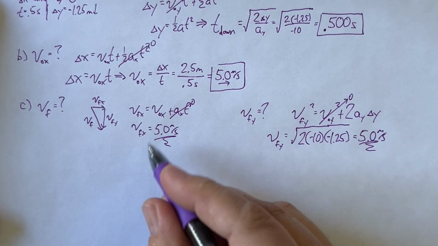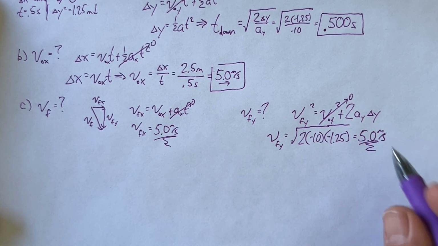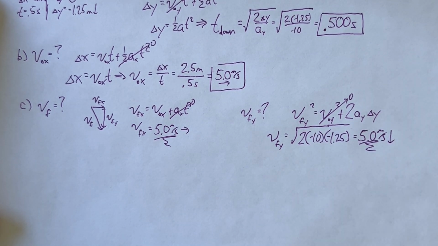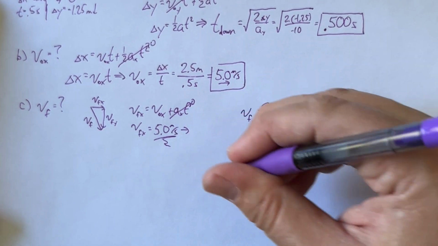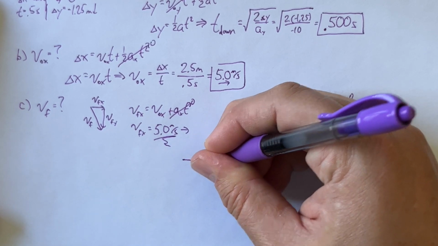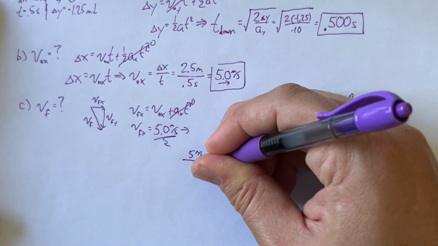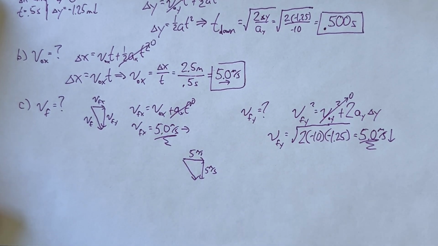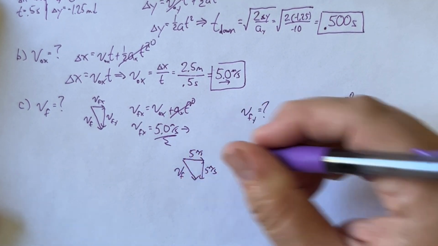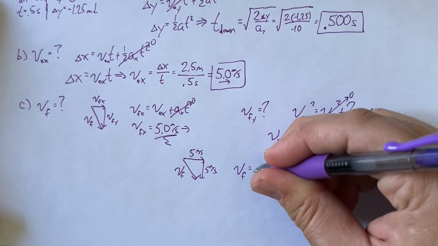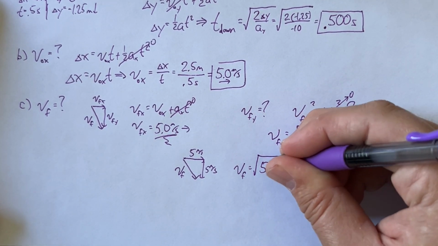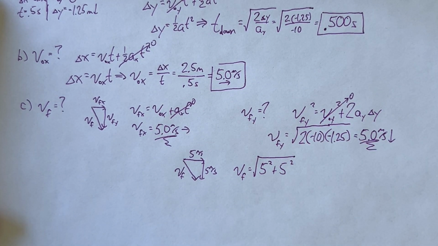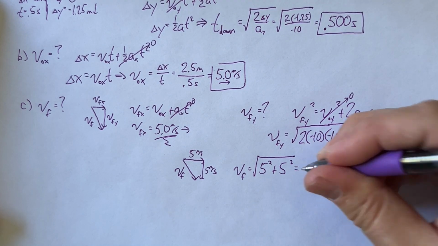So, okay, my X velocity is 5 and my Y velocity is 5. X forward, Y down, and so for 5 meters per second forward and 5 meters per second down, if I want to solve for my hypotenuse, my combined velocity, I'm going to take my X velocity squared and my Y velocity squared and square root them using Pythagorean.